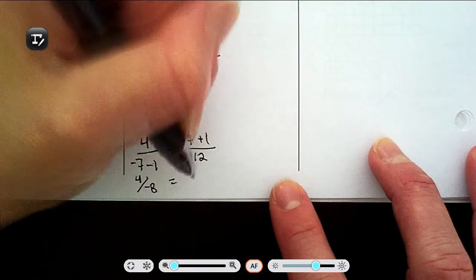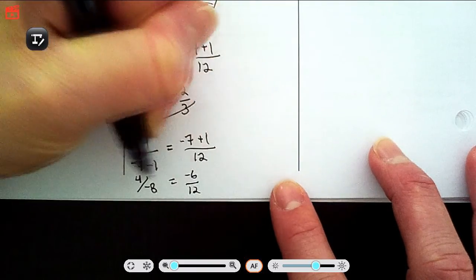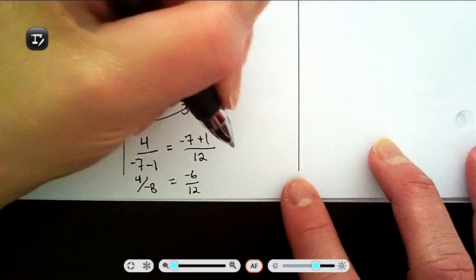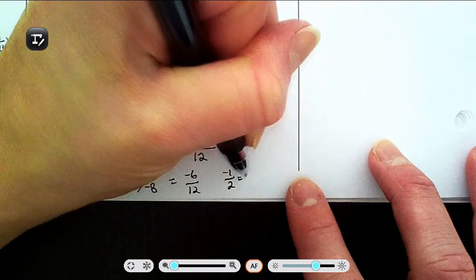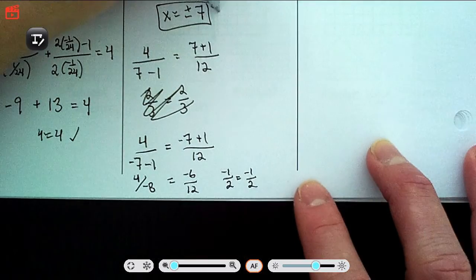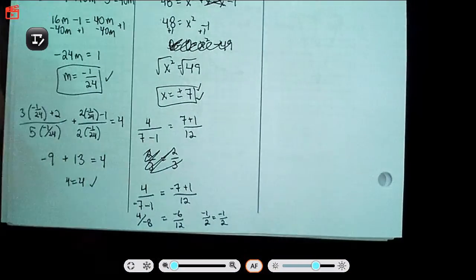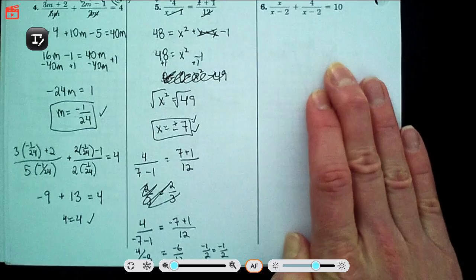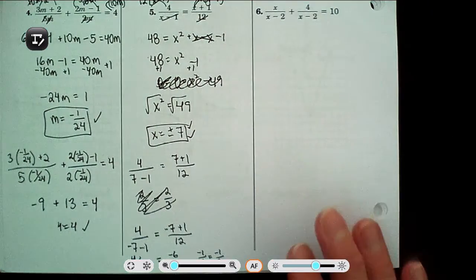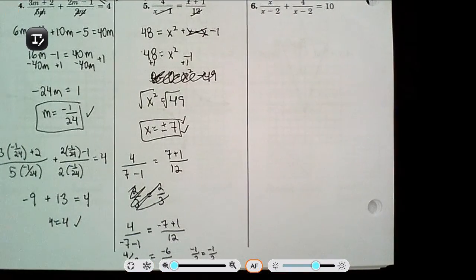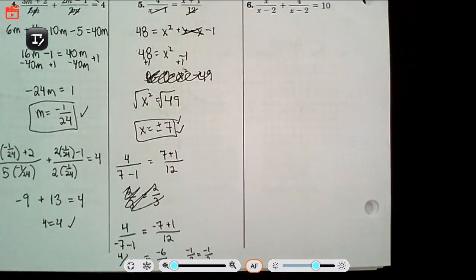Negative 7 plus 1 is negative 6 over 12, and that's the same as negative 1/2. So it works. All right, so both the plus and the minus version worked. Okay, let's try to head over to the next page to try some inequalities.